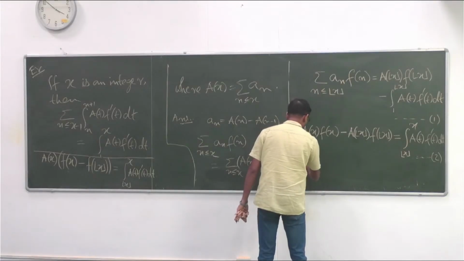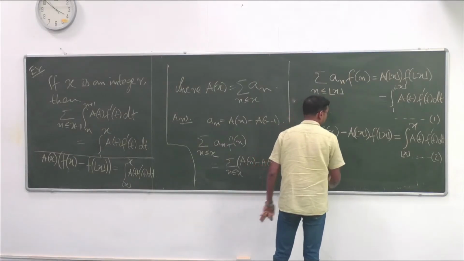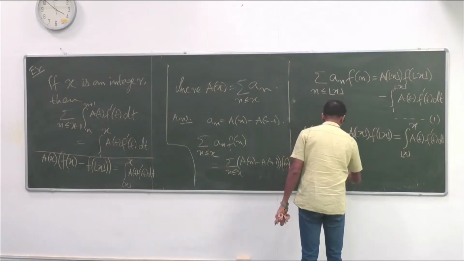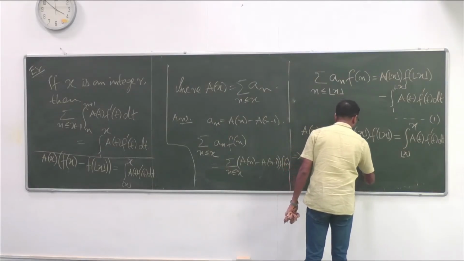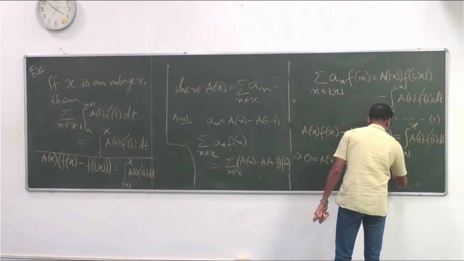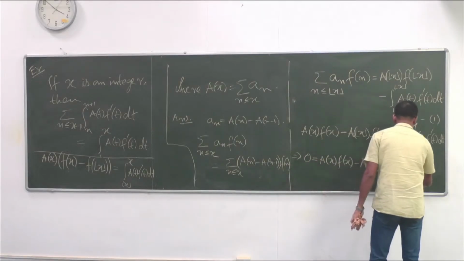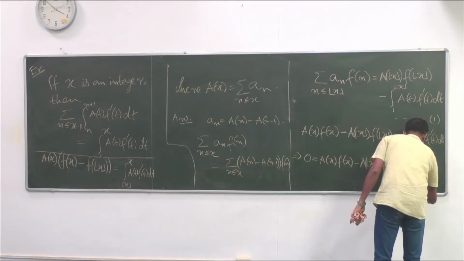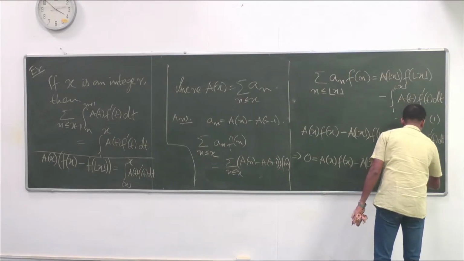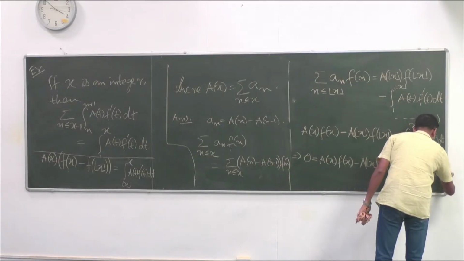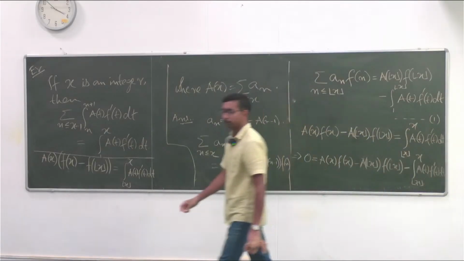So this means 0 is equal to a(x) f(x) minus a(floor x) f(floor x) minus the integral from floor x to x of a(t) f'(t) dt, right?